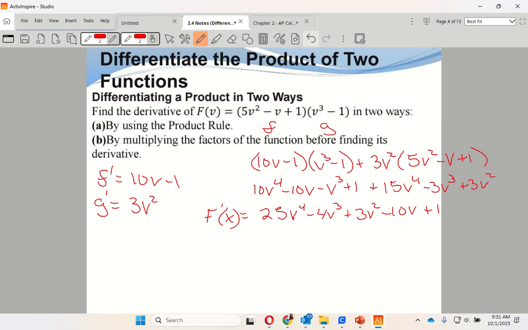Alright, is that the same thing you guys got? Alright, another way of doing this would be distributing it first. You notice I got some work here.